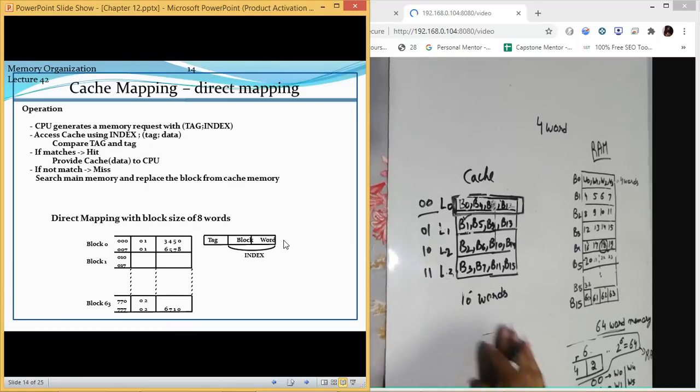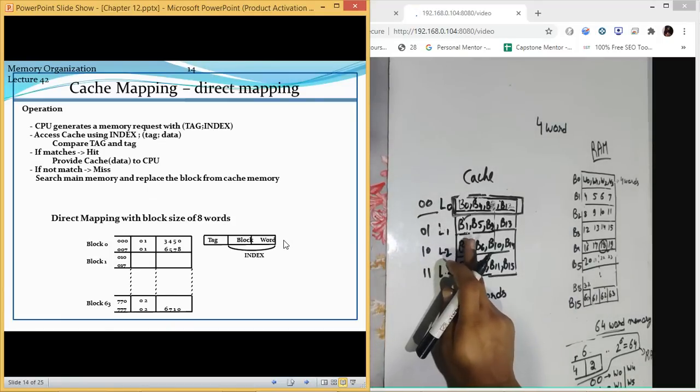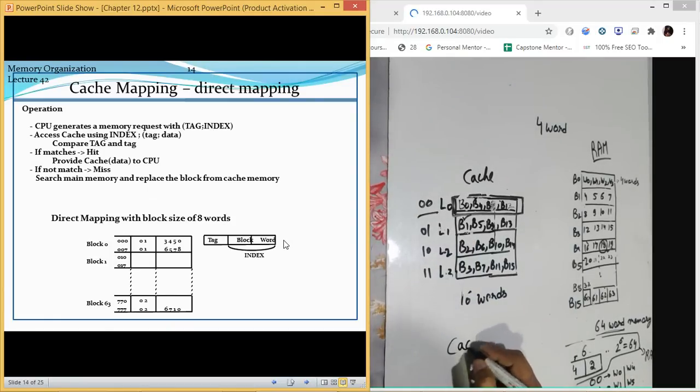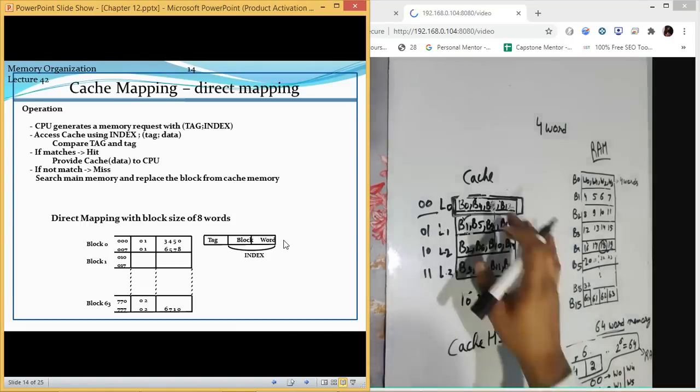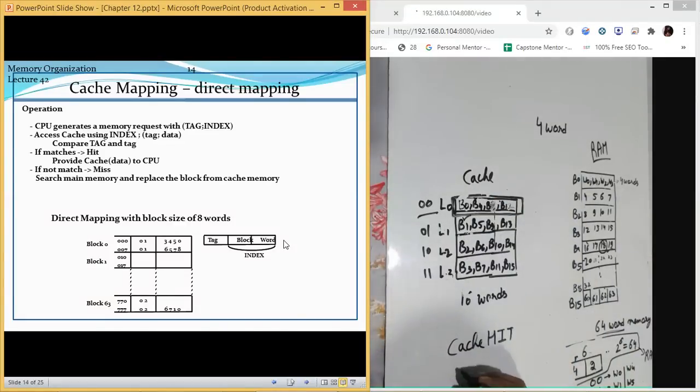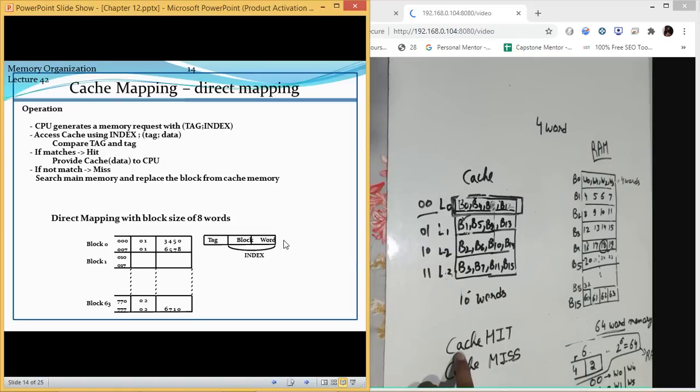If your CPU is able to find the data inside cache, that will be a cache hit. If we are not able to find the data inside the cache, then it will be known as a cache miss. If it is a cache hit, then there is no problem.